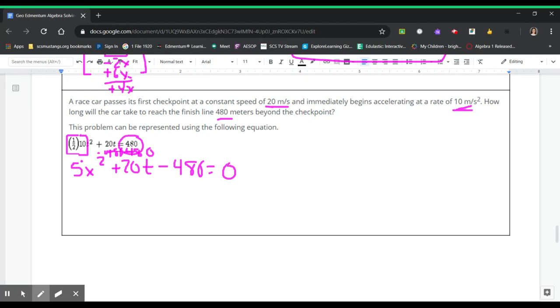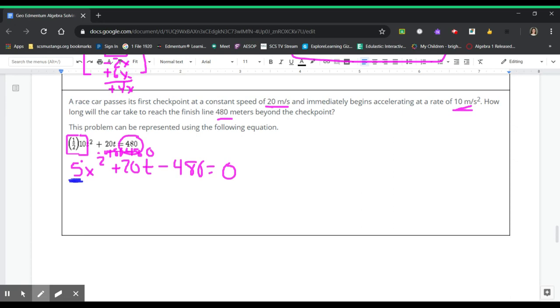Everything is simplified. The next thing that I want to double check for is to see if there is a greatest common factor. For these, if there's going to be a greatest common factor, it's usually going to be that guy. There are problems where you do have a number in front of that x squared, and you'll do those in algebra too, but I'm not going to make us do them now. There will be a greatest common factor.